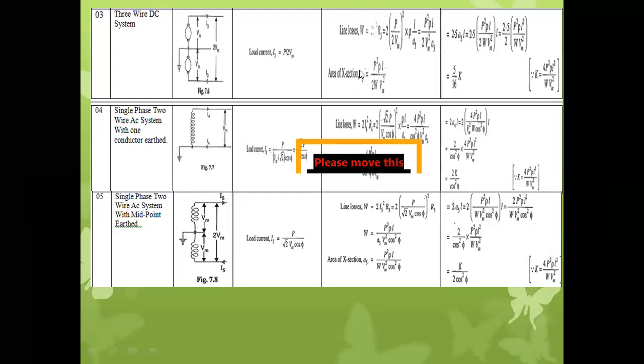Okay, so calculate it fast. Calculate the value.